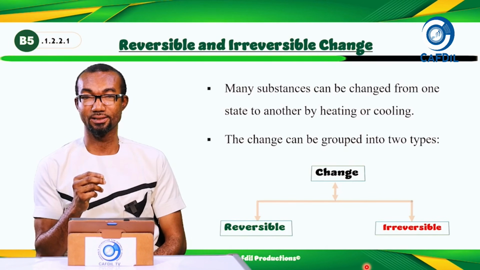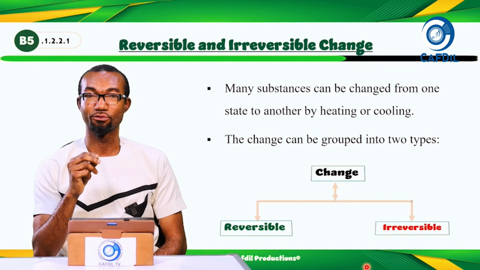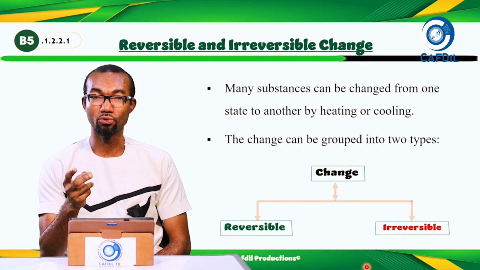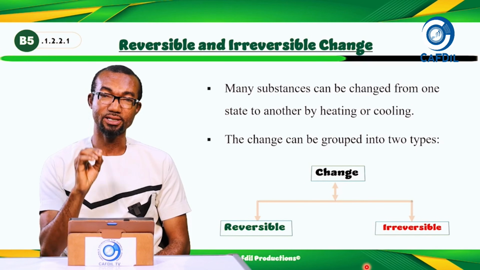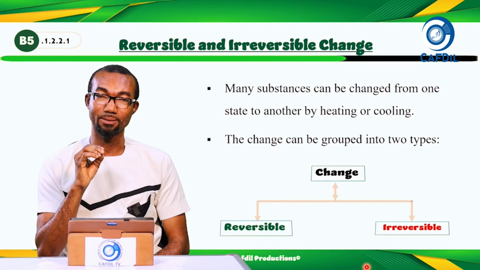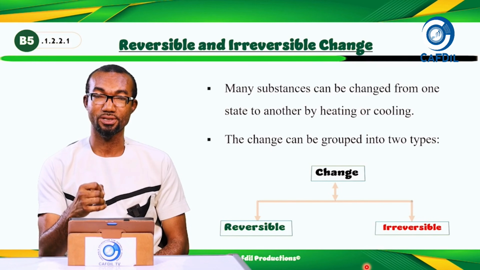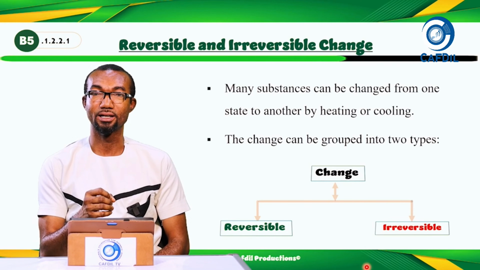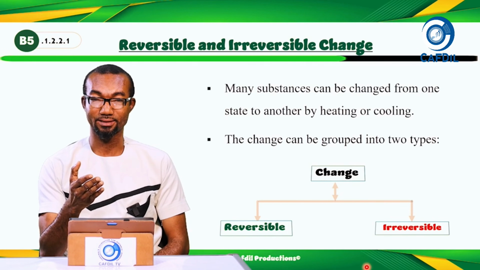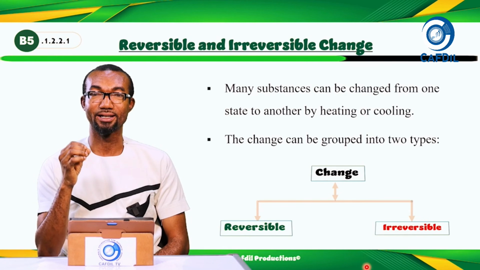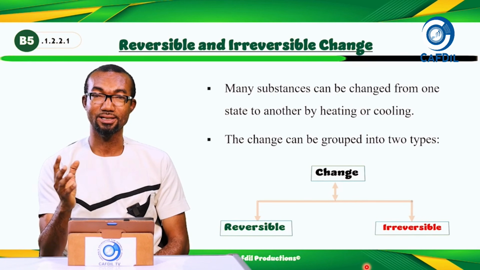Many substances can be changed from one state to another by heating or cooling. In Basic 3, you learned about how substances change states. At that level, we looked at the states of matter: liquid, solid, and gas.